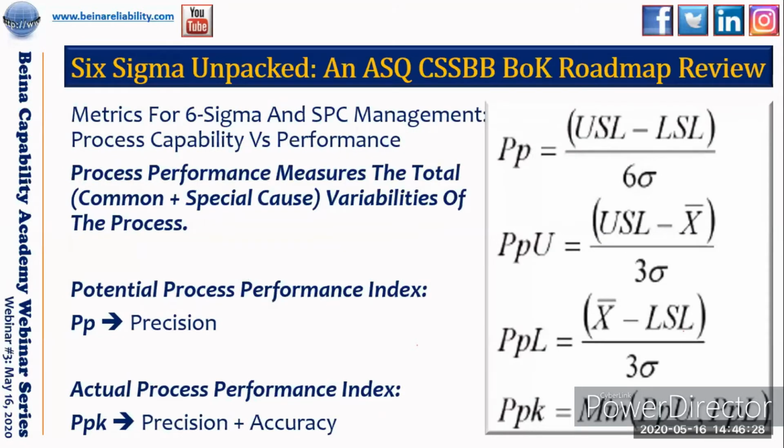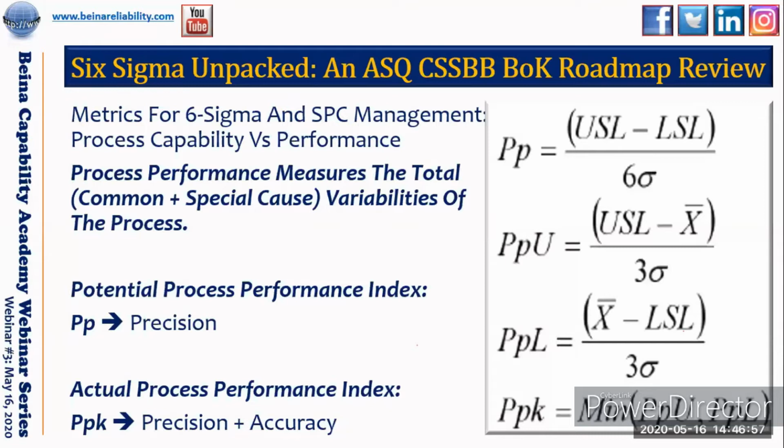Process performance also has the same components. In process performance, you are looking at both common causes and special causes, so all the forms of variation coming into the system as you are operating. You are looking at the potential and the actual. Potential gives you a measure of precision, while the actual gives you the measure of both precision and accuracy.